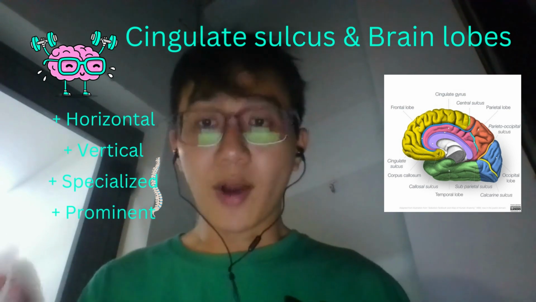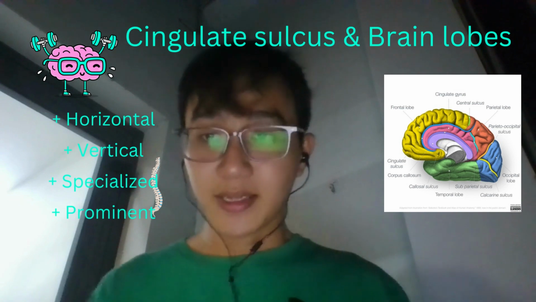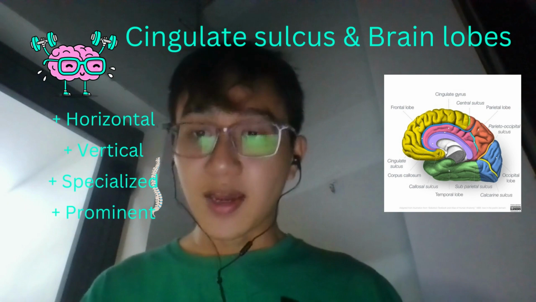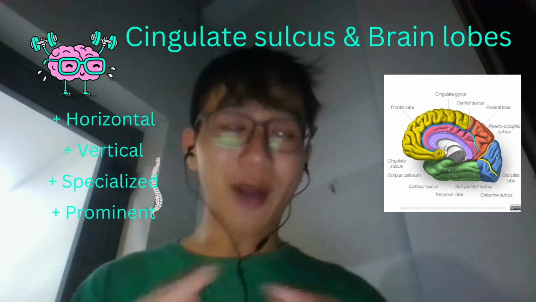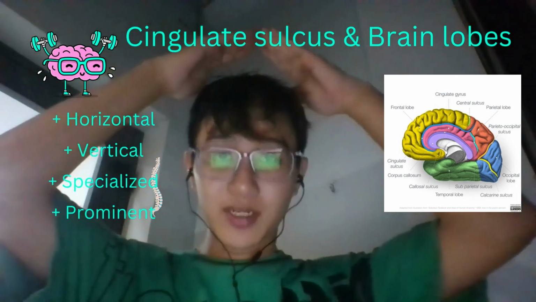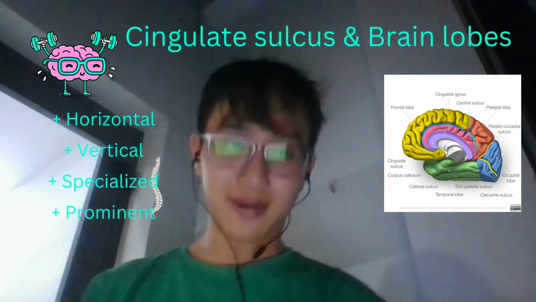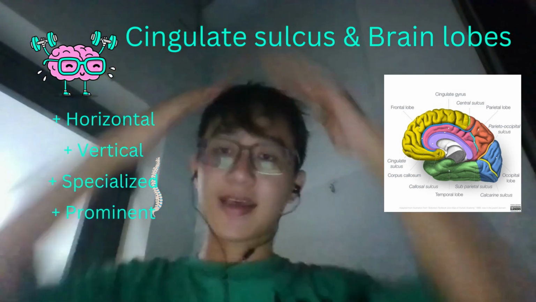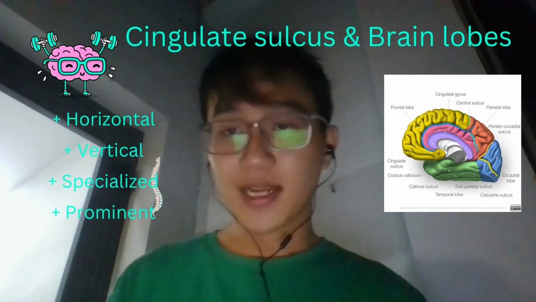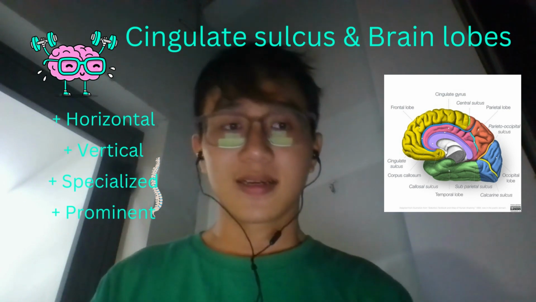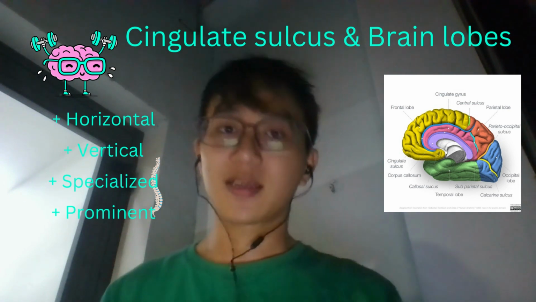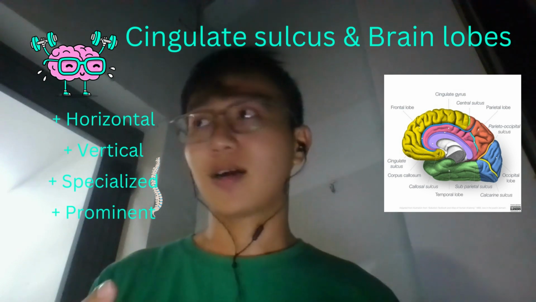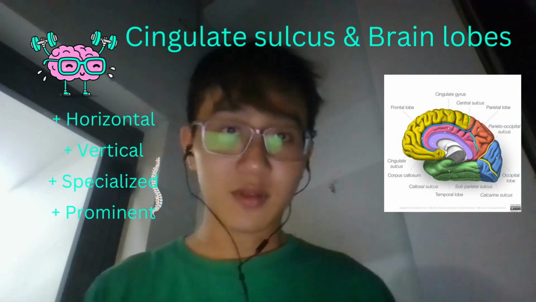The gyrus is a ridge on the surface of the brain. It's like a ridge line atop the roof of the house. A ridge means the parts that are like prominent landmarks.